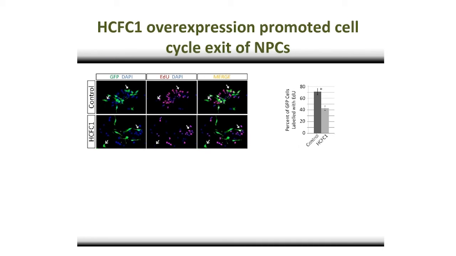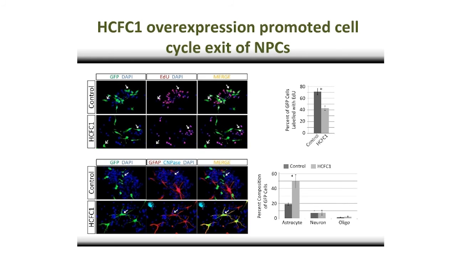So I guess just briefly, we saw that when we overexpressed HCFC1, we forced the cells to exit the cell cycle and become differentiated. It's perhaps best shown on this bottom here. You can see cells which are overexpressing GFP, the cells which are transfected with HCFC1.